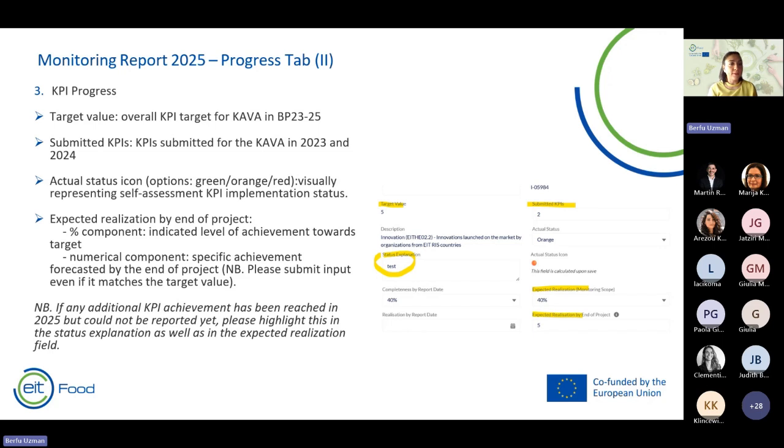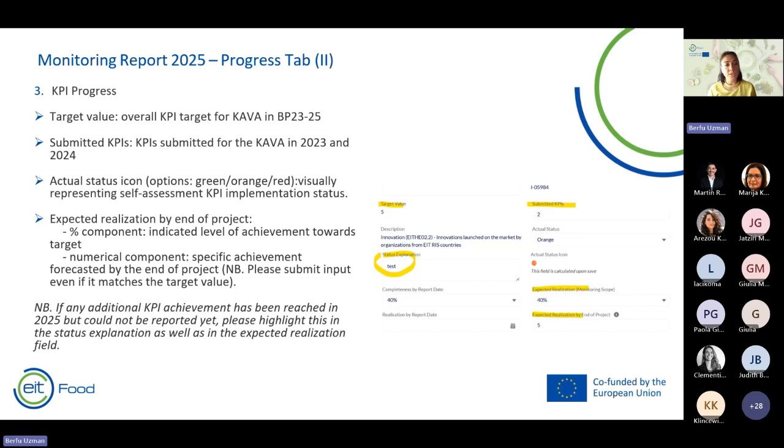Actual status icon, so options are, as I said, green, orange, or red. This visually represents the self-assessment of KPI implementation status. So you will be assessing the status and you will be giving the color code. Expected realization by end of the project, as you can see on the right corner of the screenshot, has 2 components.